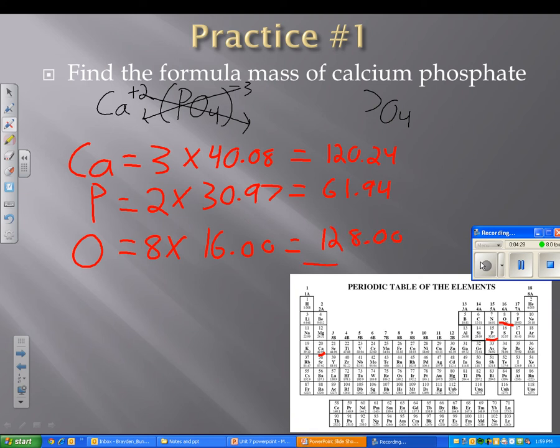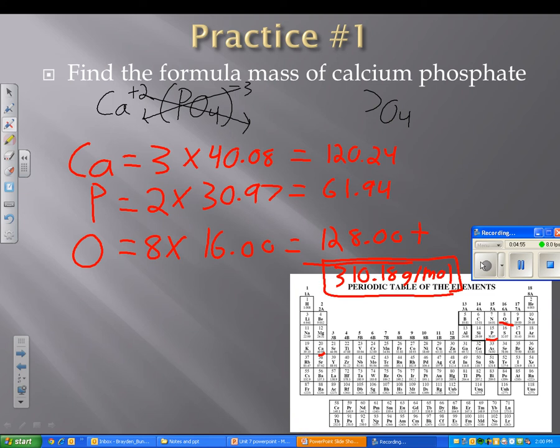So now, you sum up all of that. You add up all the masses for each individual atom. That will give you 310.18 grams per mole. And that will be your answer. So it looks like a lot of work. Eventually, you're going to do enough of these in class that you'll be able to do this in your head and in your calculator real quick.